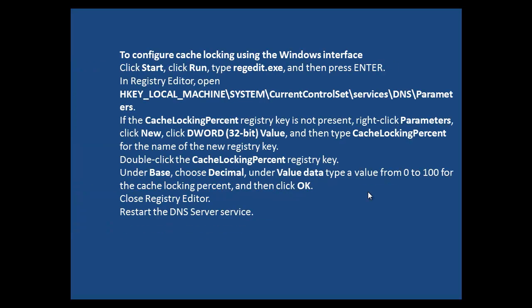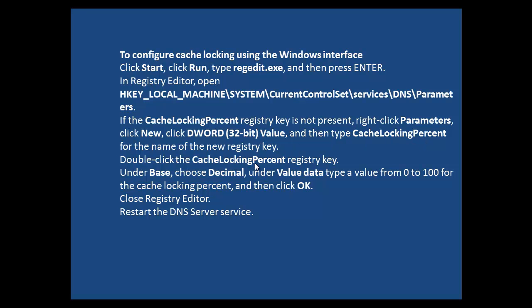Cache locking can also be configured at the registry level, where you will simply type regedit to access the registry, and you can see here the path that you want to go: HKEY_LOCAL_MACHINE\SYSTEM\CurrentControlSet\Services\DNS\Parameters. Here, if the CacheLockingPercent registry key is not present, you can right-click Parameters, click New, and click DWORD, then type CacheLockingPercent for the name of the new registry key.